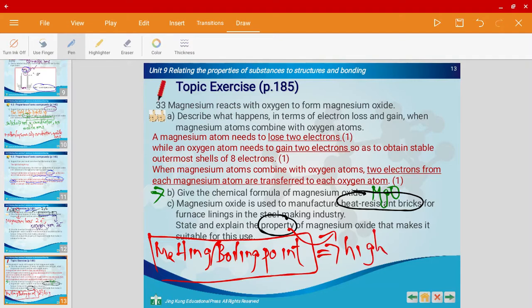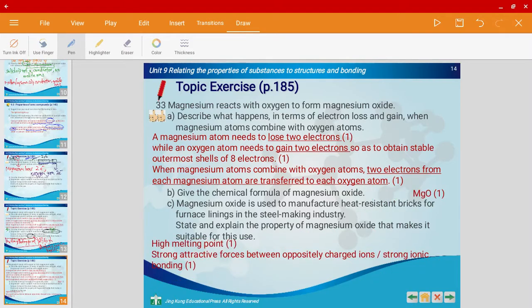Why does it have a high boiling point? Because there are presence of strong ionic bonds. Okay, let's have a look at the answer. So it has a high melting point because there is a presence of strong ionic bonds.